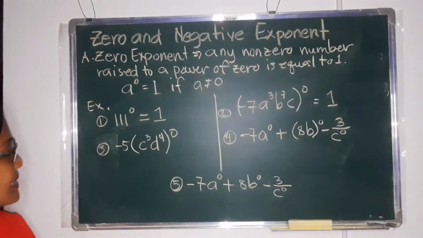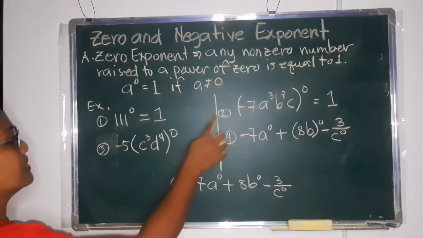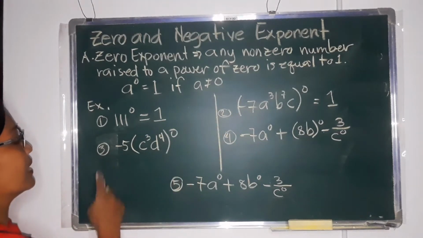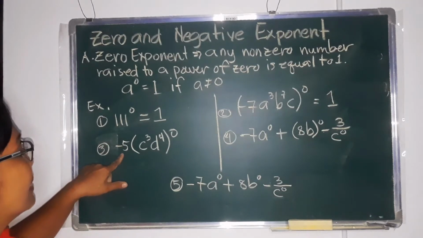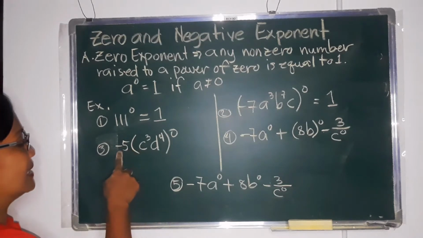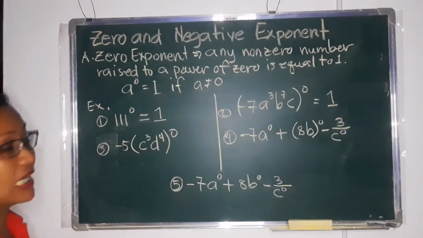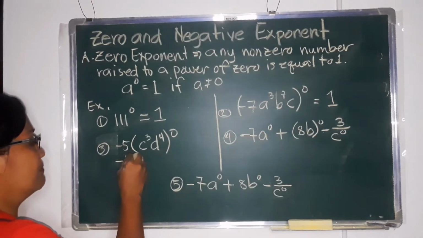Okay? Next, example number 3. What is the difference between example 2 and example 3? If you notice, we have another number outside the parentheses. So meaning to say that negative 5 is not included with the exponent 0. So simply copy negative 5.